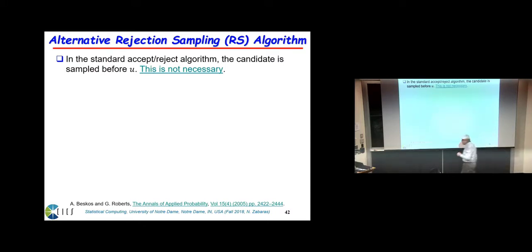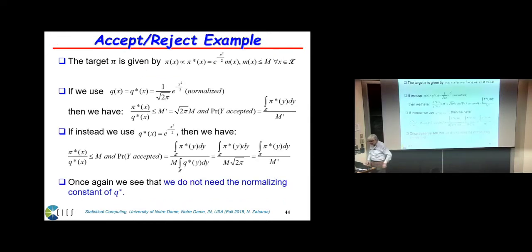So I'm going to jump a little bit on the slides. Okay, so I am not going to do this example, it's trivial. The conclusion is really what I need you to pay attention to here: the example demonstrates that you don't really need to know the normalization constant of Q, okay?